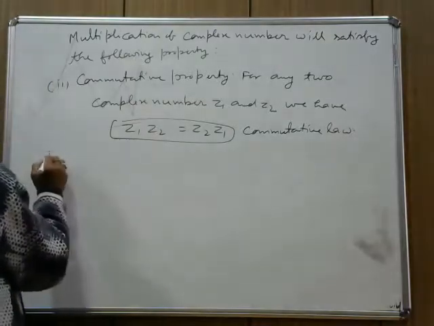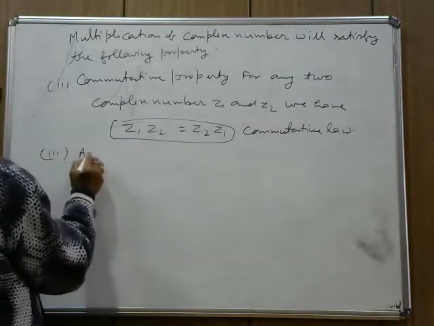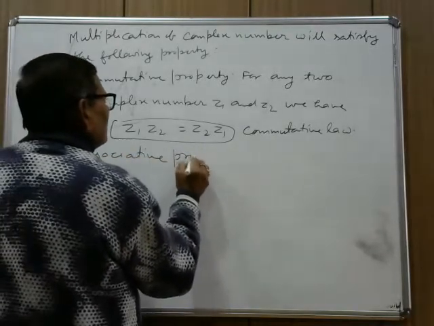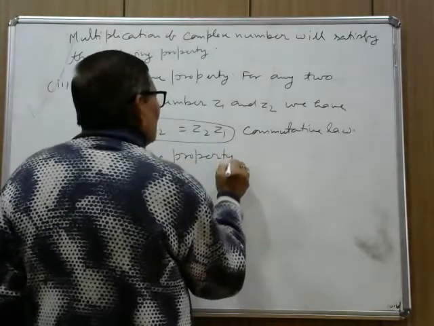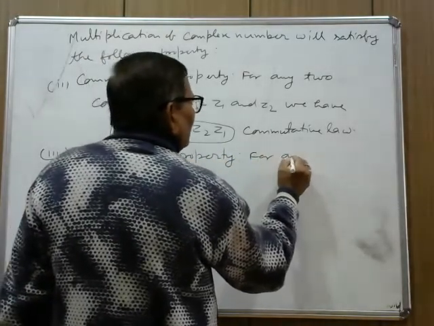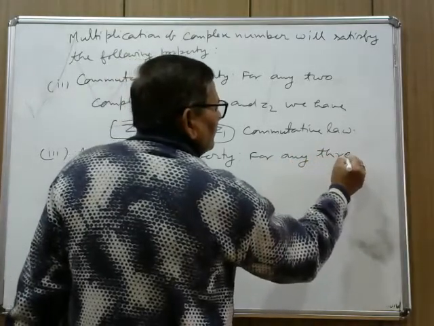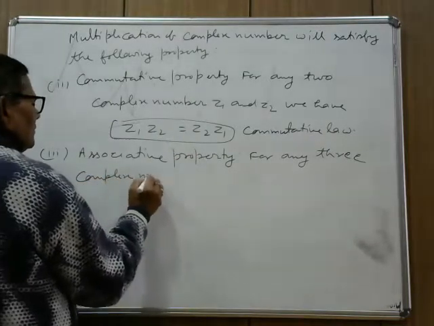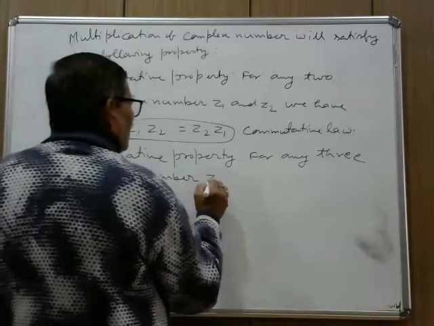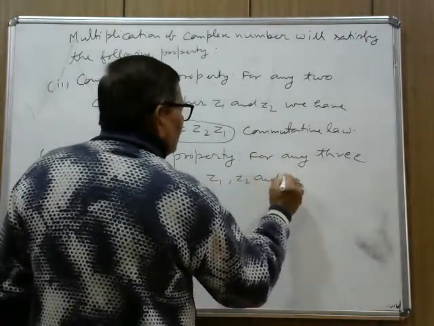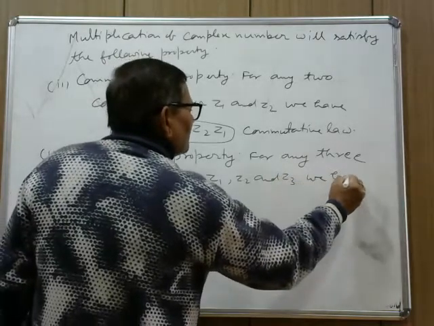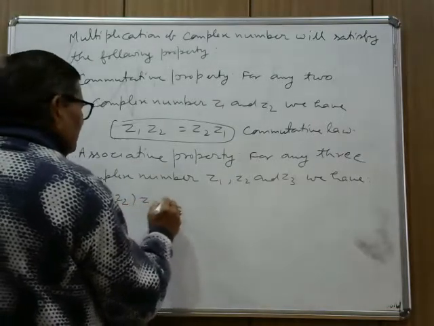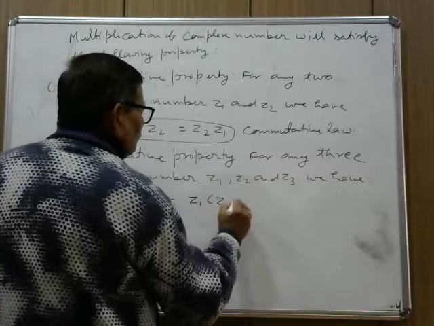Now third, associative property. For any three complex numbers Z1, Z2 and Z3, we have Z1 Z2 multiplied by Z3 equal to Z1 into Z2 Z3.